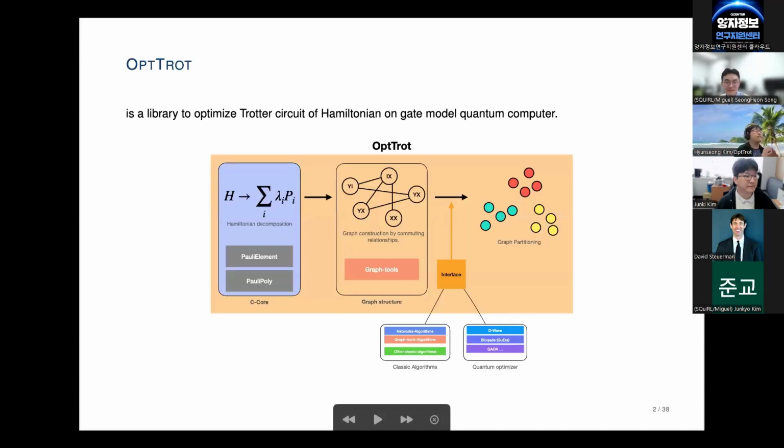OptTrot is basically an optimizing Trotter circuit kit library for gate model quantum computers. It provides various routines like decomposing the Hamiltonian into several Pauli elements, a graph optimization tool, and a circuit synthesis routine.